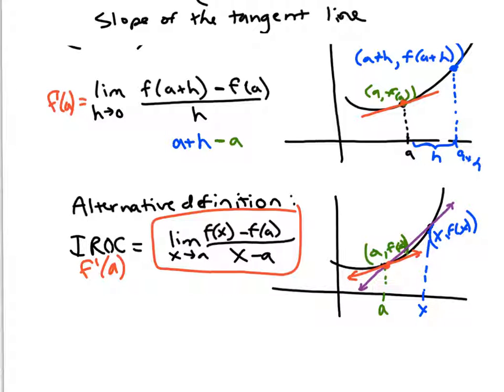Let's try a different color, and let's go with yellow here. The inside of my limit function, that difference quotient, is representing the slope of this secant line between the 2 points. And it's not until I take the limit of it, and then I'm looking at this entire thing, that now I'm talking about the derivative at the specific point, which is going to give me f prime of a.